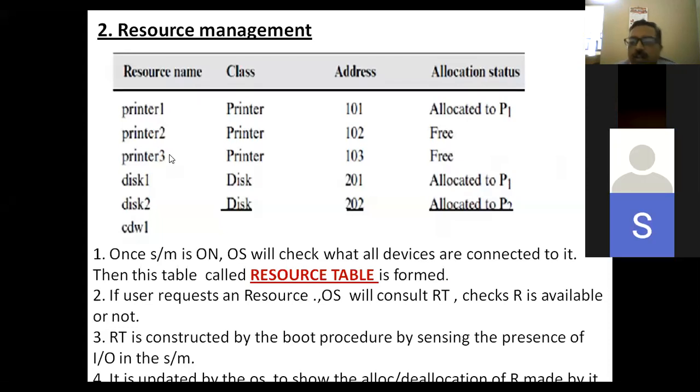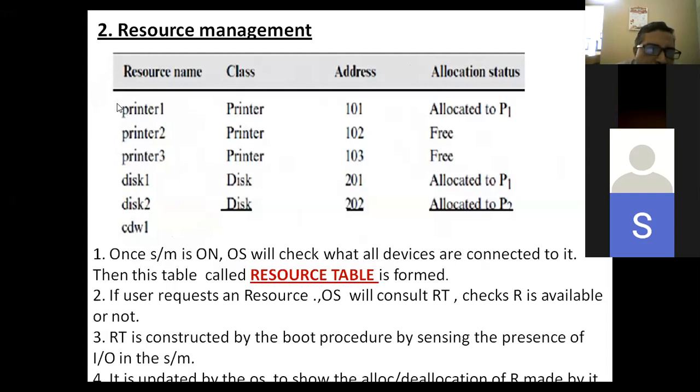Yes, sir. So this particular table, what we are seeing on the slide, is called a resource table, where we have mentioned all the possible resources that are connected to a system. Once the computer is switched on, the OS will check what all devices are connected to it.